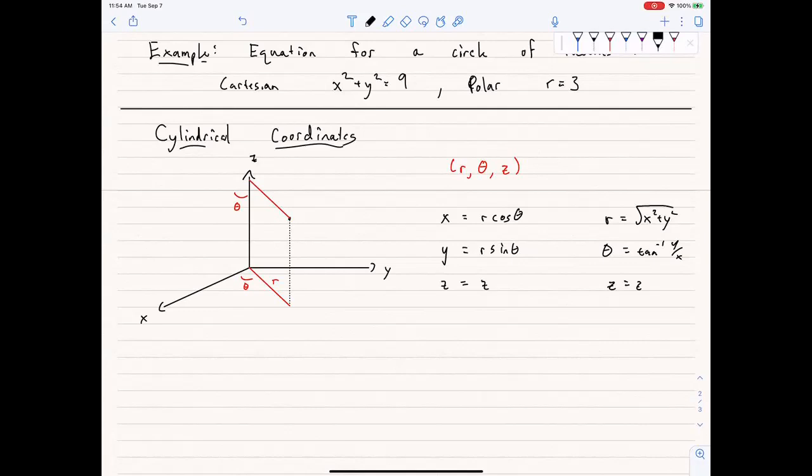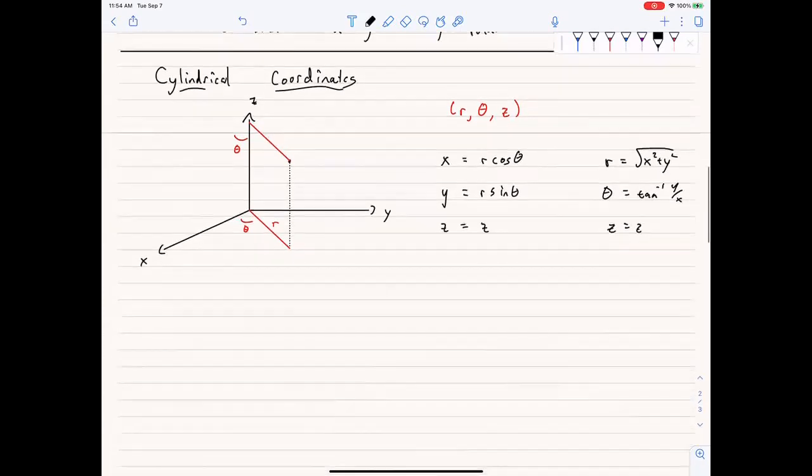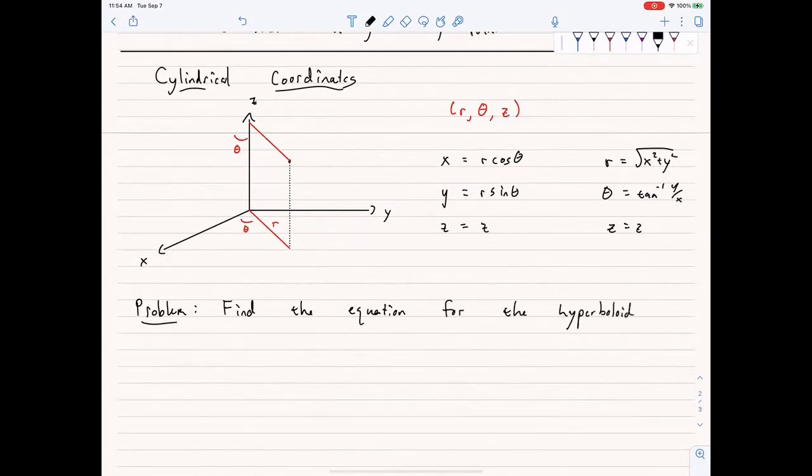So what kinds of problems should you expect to see with cylindrical coordinates? Well, let's do an example. So here's a problem. Find the equation for the hyperboloid. One thing I'll say, as I said, I don't expect you to remember the names of quadrics.